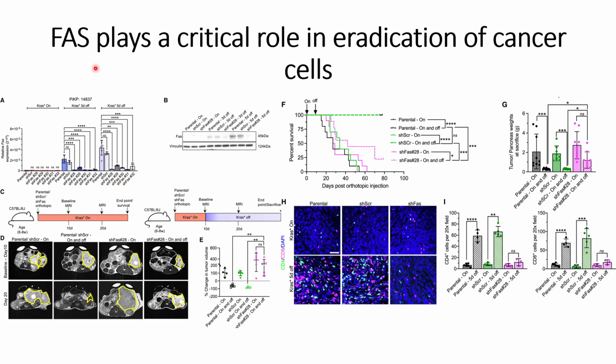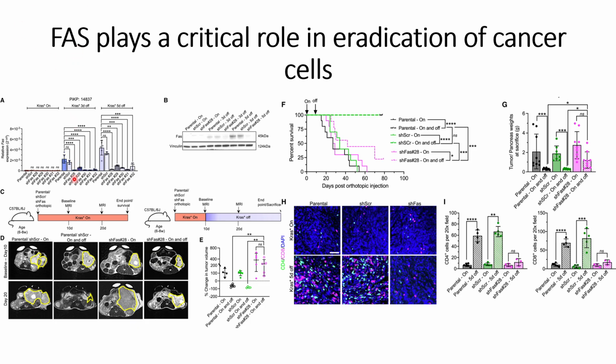So in panel A, we can see that they validate that their design is working as per expectation, and they used 5 different kinds of short hairpin FAS RNAs to suppress these FAS receptors.